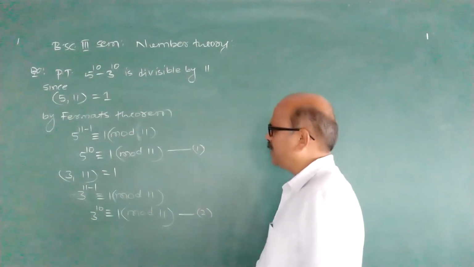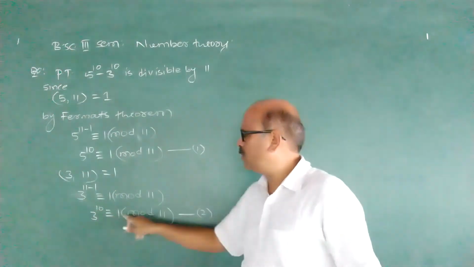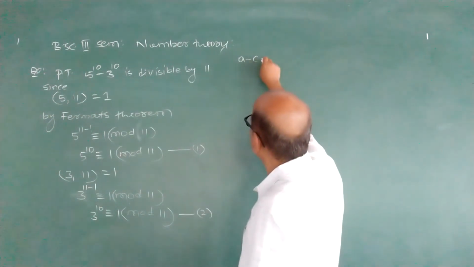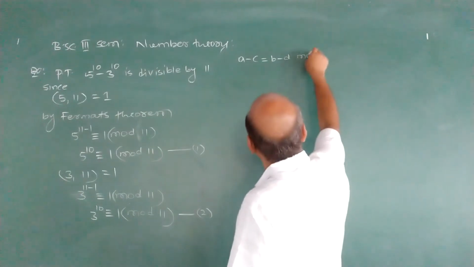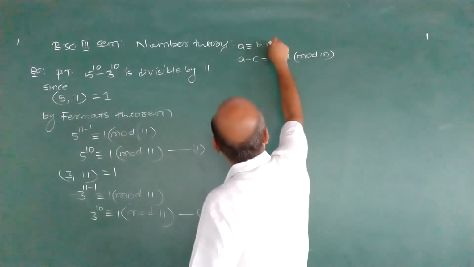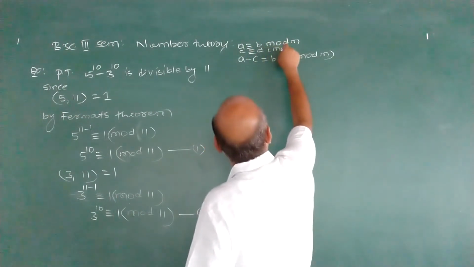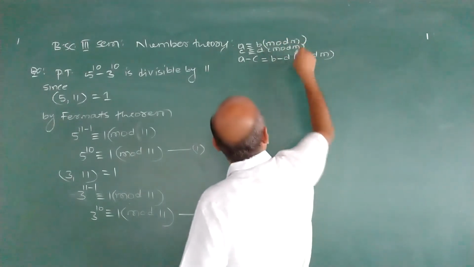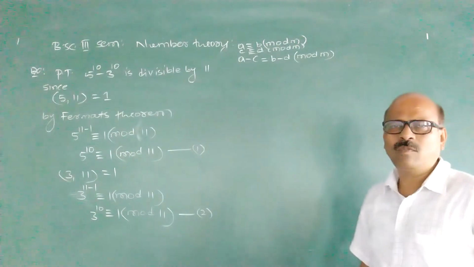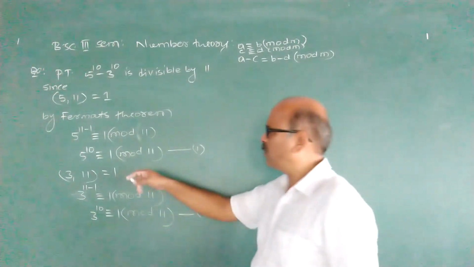Now you know the properties of congruence modulo M. If A is congruent to B mod M, and C is congruent to D mod M, then A minus C is congruent to B minus D mod M. I think you remember these properties.